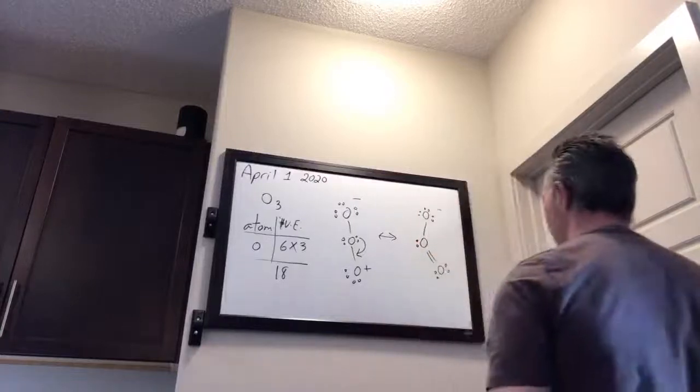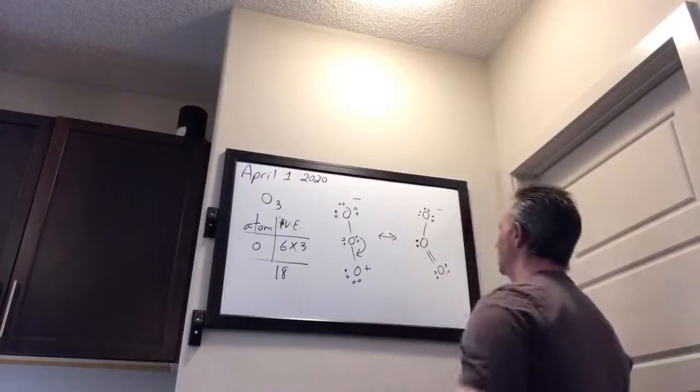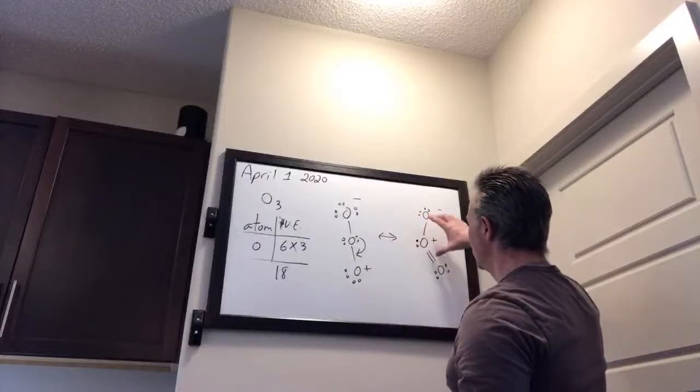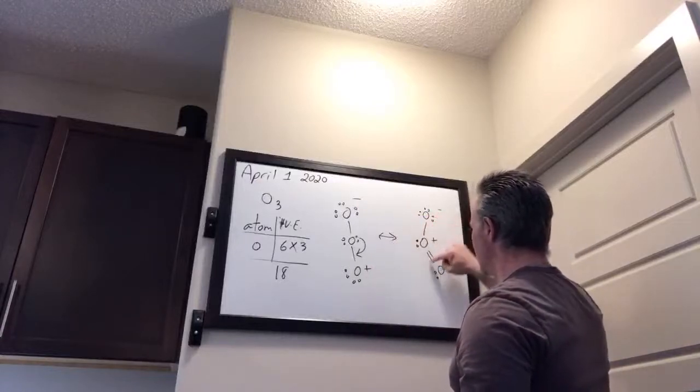There would still be a positive charge on there, and it would still have the octet, 2, 4, 6, 8.